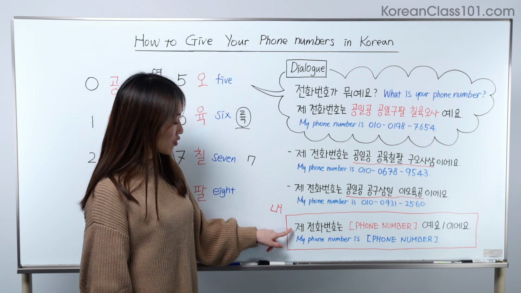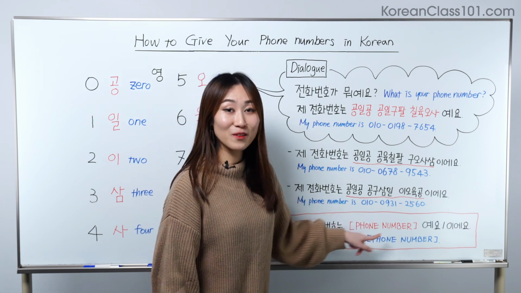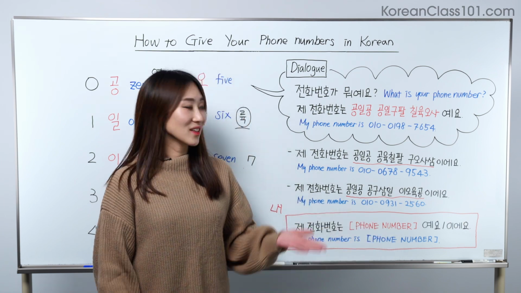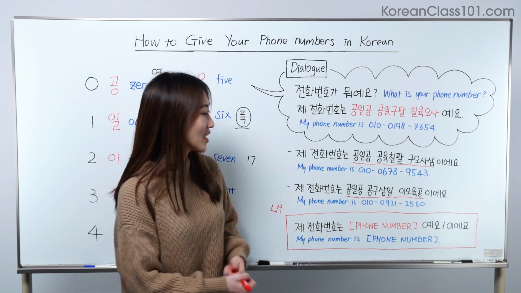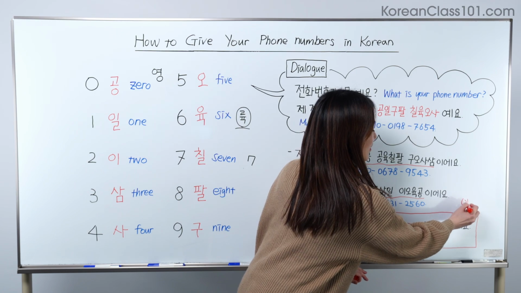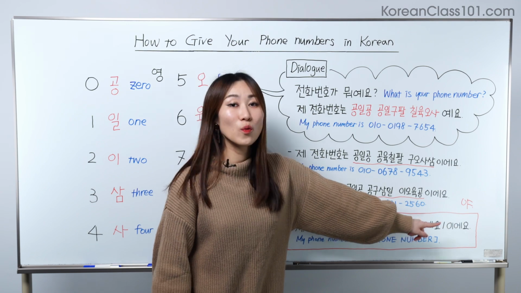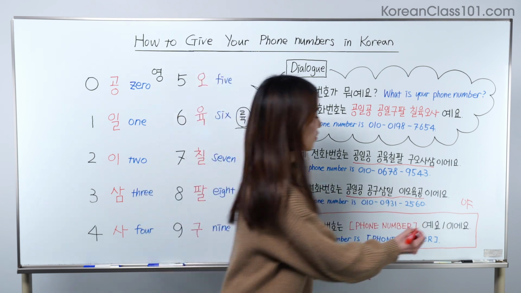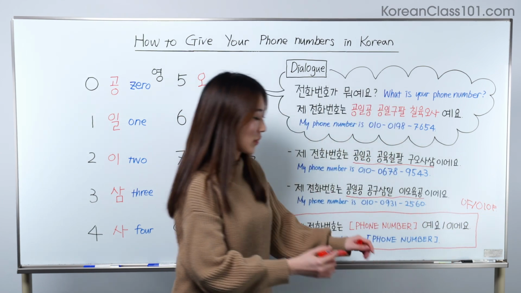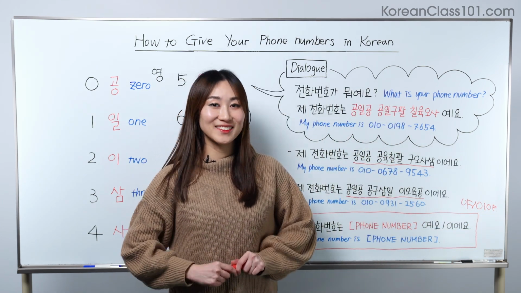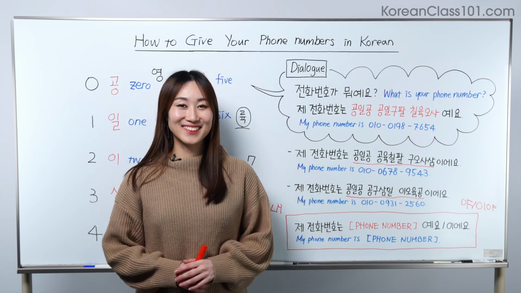So instead of 제, replace it with 내. 내 전화번호는 phone number, and say 예요, 이에요. Or if you are saying very casually, you can even say 야. It means exactly same as 예요 or 이에요. 야 or 이야. But this is very casual and informal. So this is the sentence pattern. So when you give a phone number, use this sentence pattern.